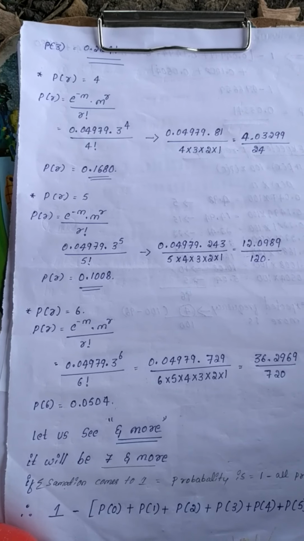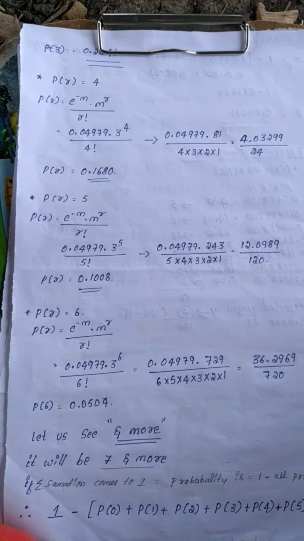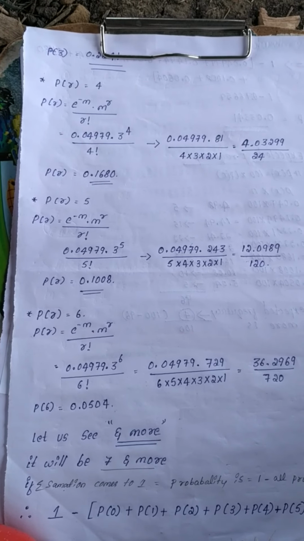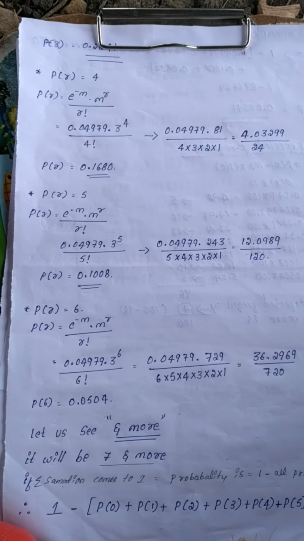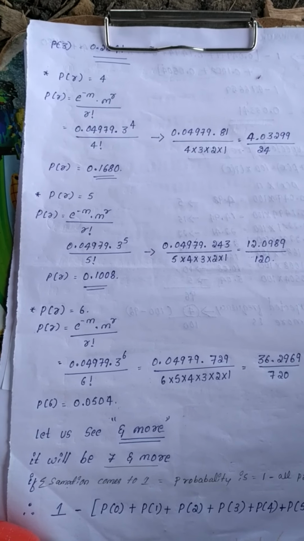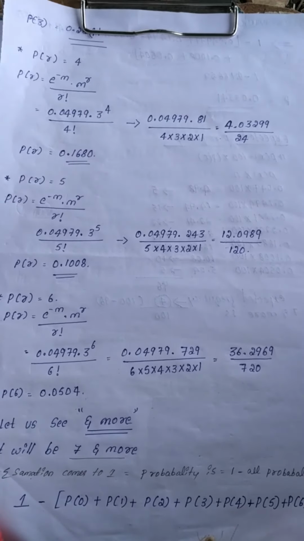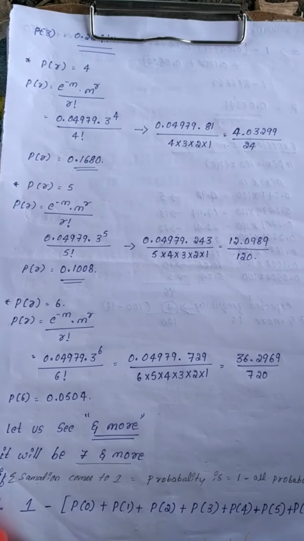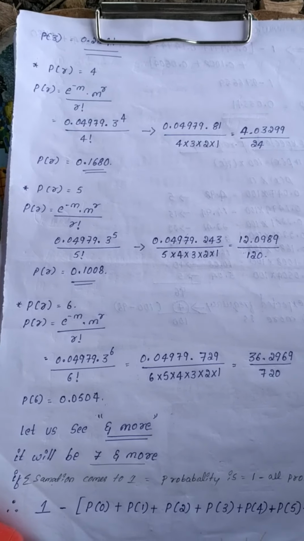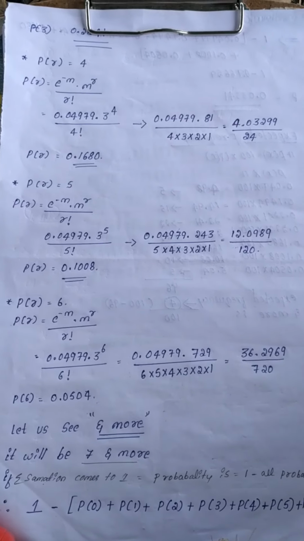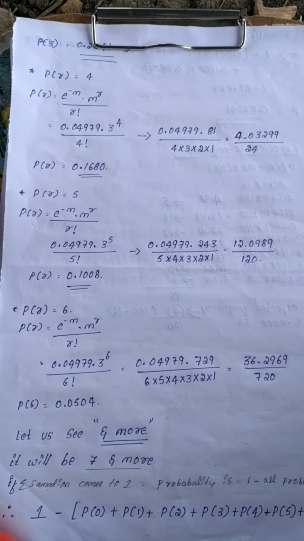It will come from 0.04979 into 3 power of 6, then 6 factorial. 3 power of 6 comes from 729, and 6 factorial is nothing but 6 into 5 into 4 into 3 into 2 into 1, which is 720. Then 0.04979 into 729, it will come from 36.2969.